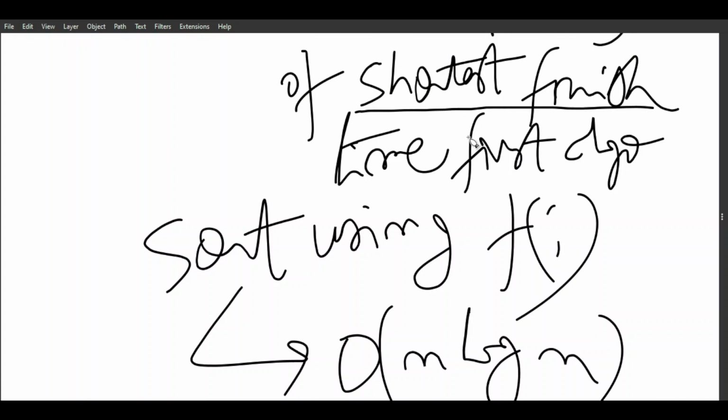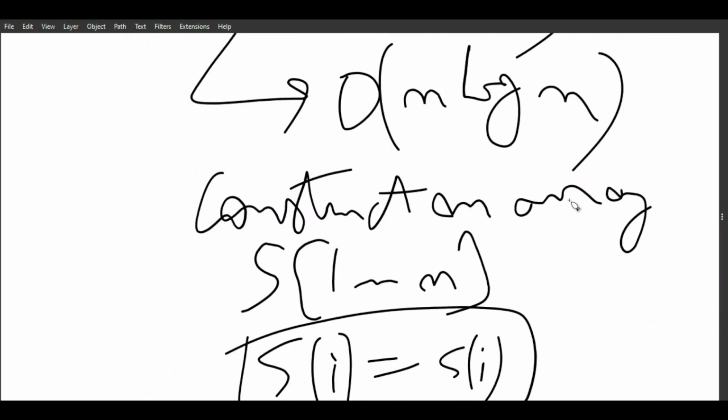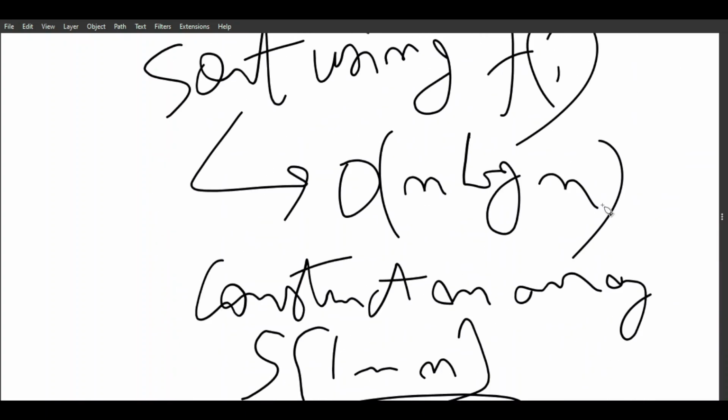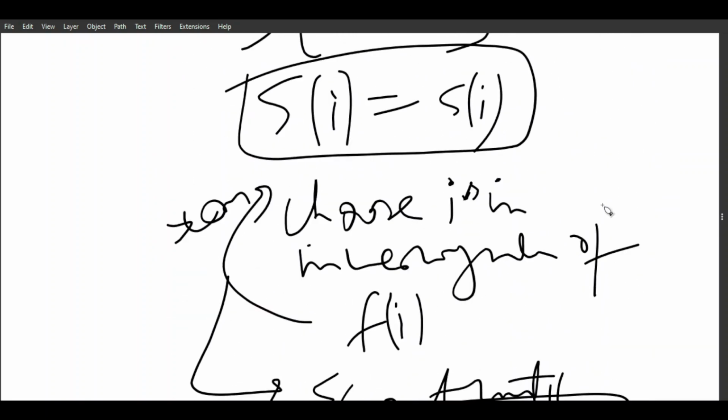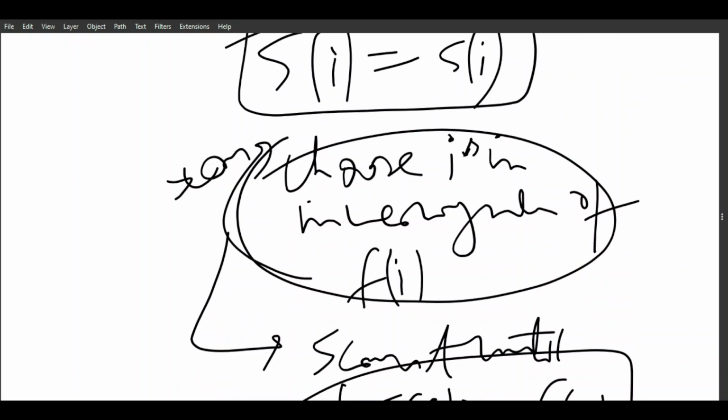Okay, so I will explain this. So here we have done sorting. Construct an array. So we have sorted based on these Fi values. So once sorted, you can assume that the elements are numbered 1 to n in sorted order of the Fi value.